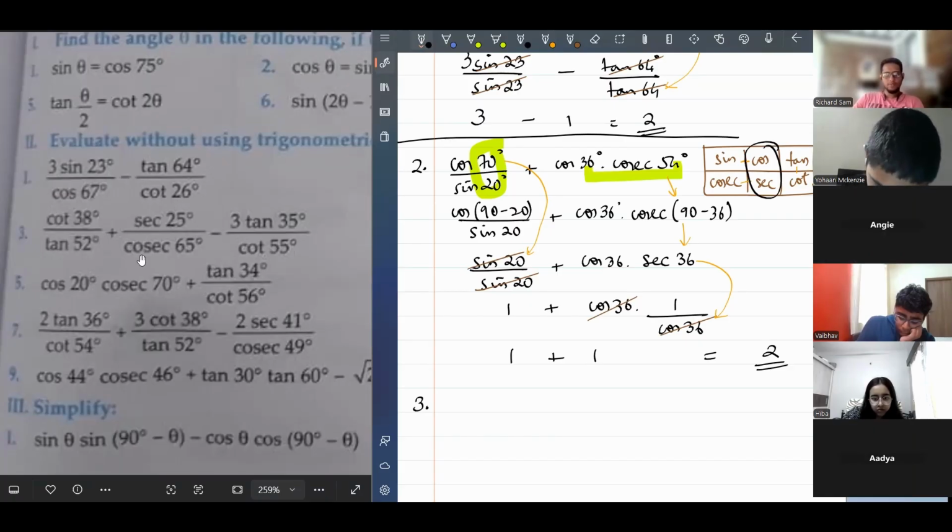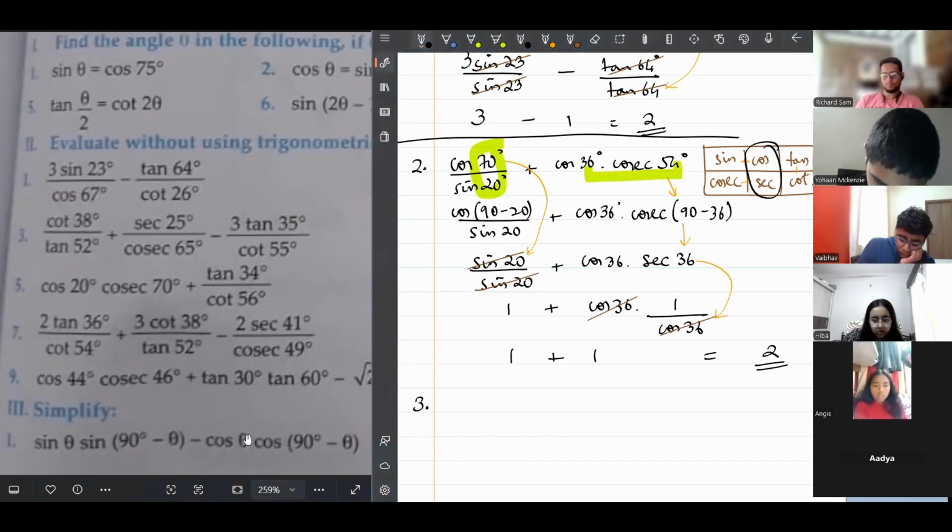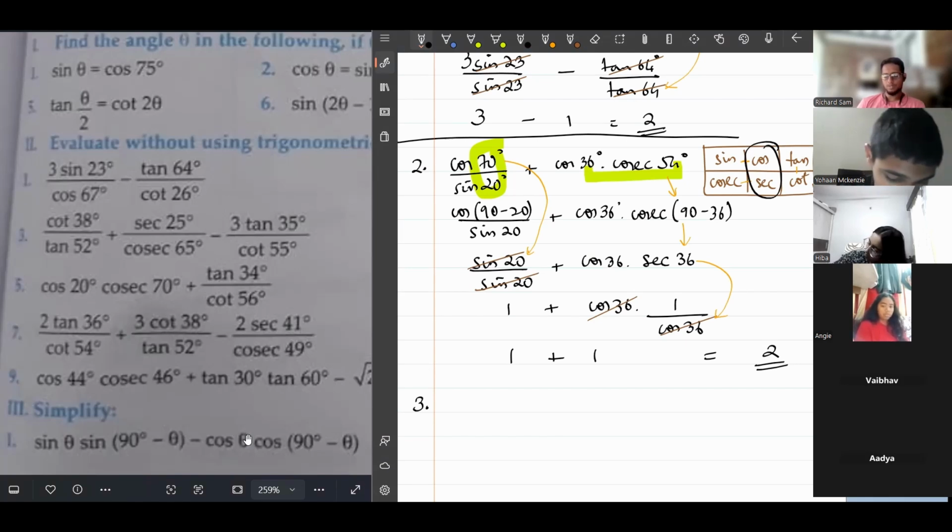Okay, question 3. Everyone solve it and tell me the answer. So I take -1 for the third question. Should I send it? Yeah, send it. Anyone else got the answer for the third one? Tell me.